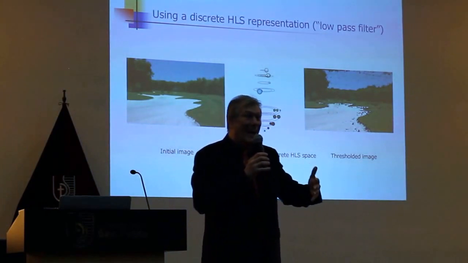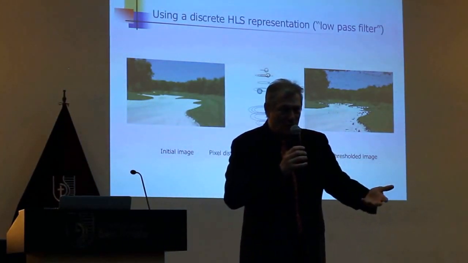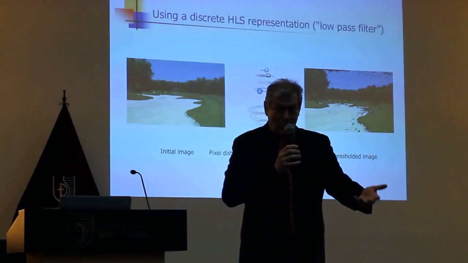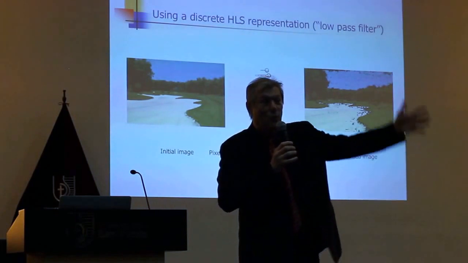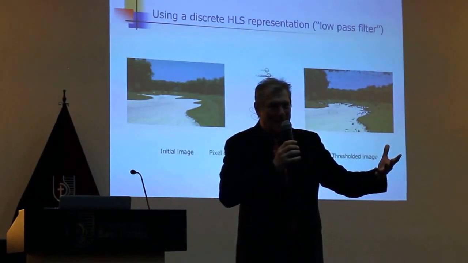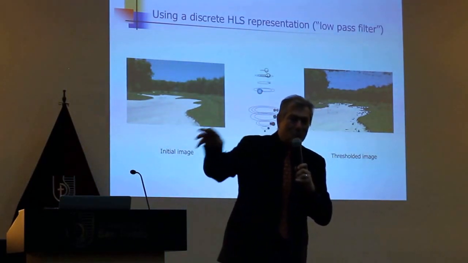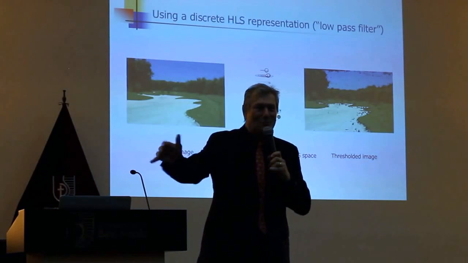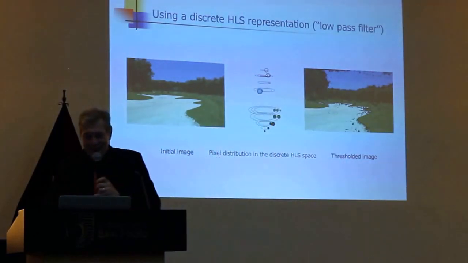And finally, adding all this potential gives a function that is a continuous function, a potential function that is continuous in the whole HLS space. And a pixel that is a bit close to an area contributes also smoothly to this other area. So this can be visualized like that.